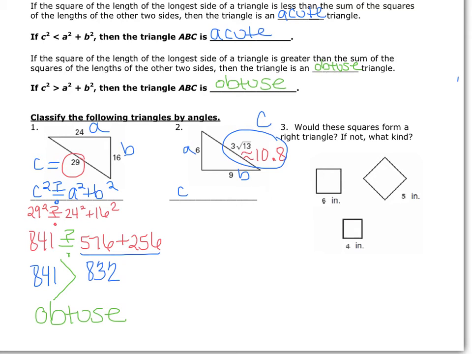So again, how does that hypotenuse compare to the legs? If we square 3 square root of 13, how does that compare to 6 squared plus 9 squared? Basically, the square is going to cancel out the square root.